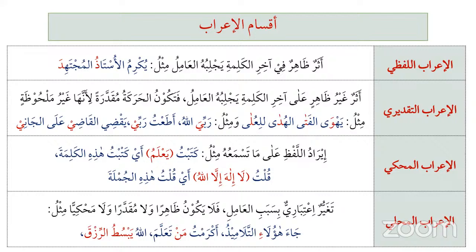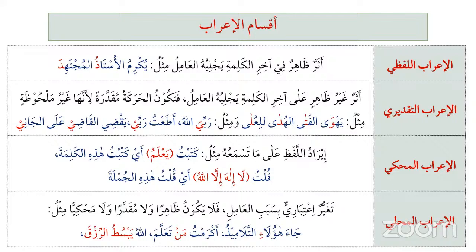Let's just say, for argument's sake, we bring the word kana before this. Kana Allahu yabsutu rizqa. Just to explain a different i'rab to it. So kana Allahu, kana will be fa'il naqis. Allahu will be the ism of kana.